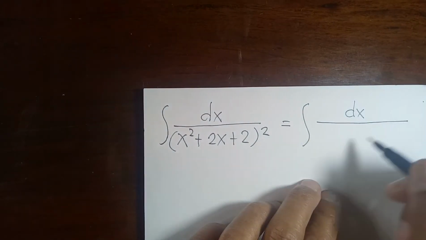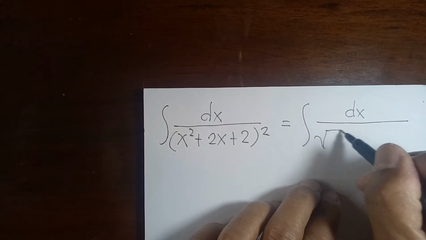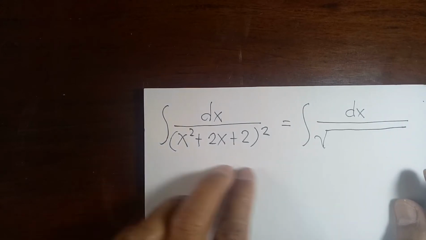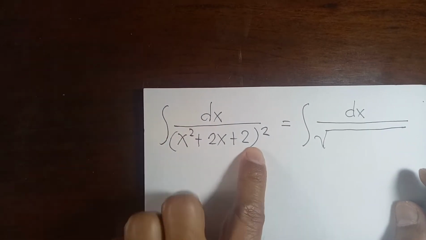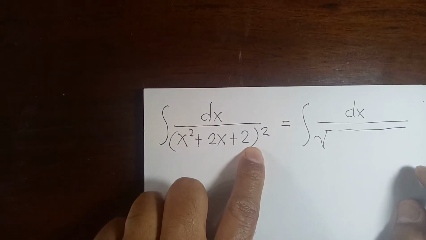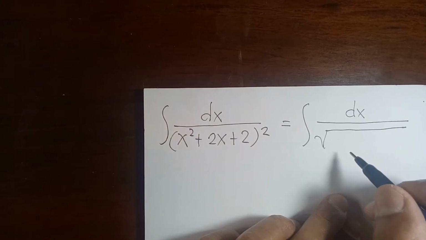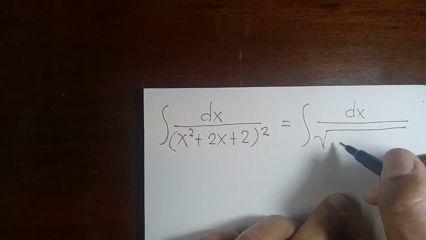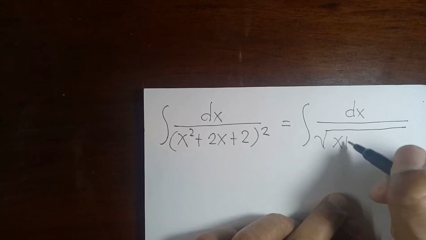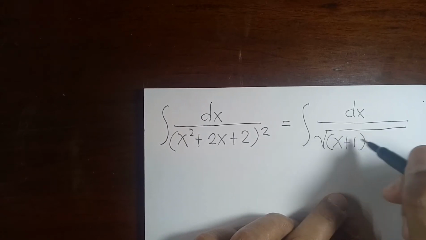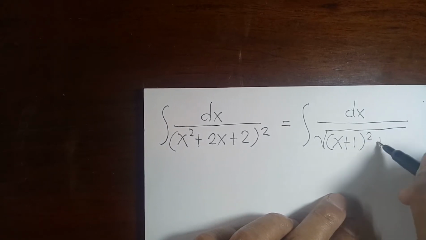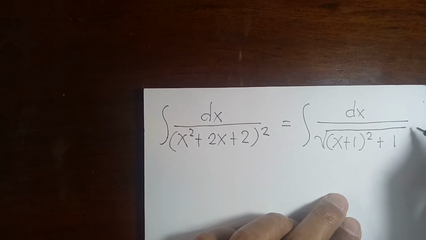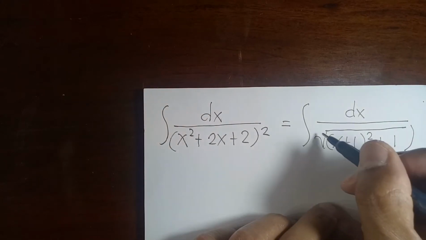Divided by square root. Tapos yung x squared plus 2x plus 2 kanina sa ating completing the square equal siya sa x plus 1 squared, x plus 1 squared and then plus 1 and then raised to 4.